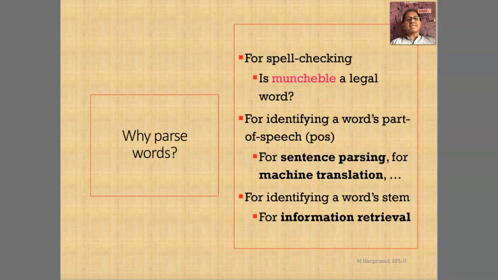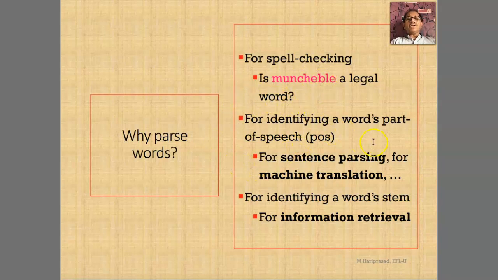So spell checkers are a very useful tool, and morphological parsers help us in developing spell checkers. And spell checkers also tell us whether a particular word is a legal word or not. For example, is munchable a legal word? A spell checker will be able to tell us whether it is legal or not.